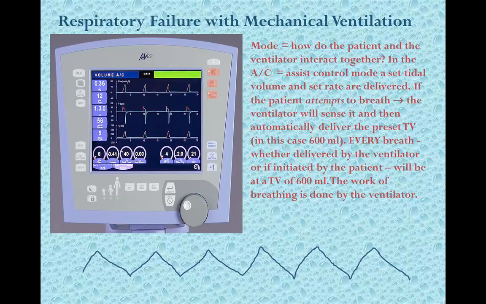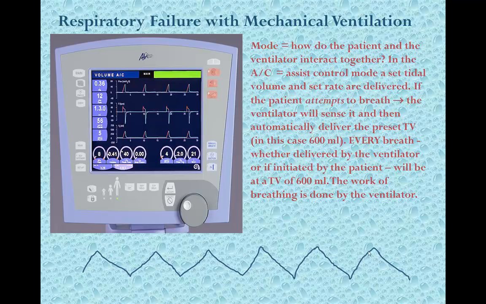Well, how do assist control and the patient interact together? So in the assist control mode, a tidal volume is set and a rate is set, and that is what is delivered to the patient per minute. The patient can attempt to breathe. In other words, they can get the sense that they are breathing, but as soon as they do attempt to breathe, the ventilator senses that they are attempting to breathe, and it will automatically deliver whatever tidal volume has been set.